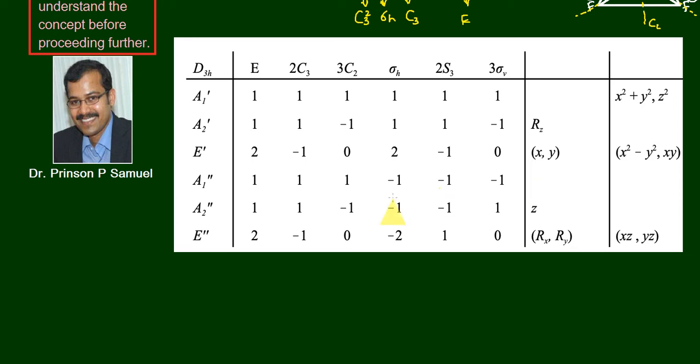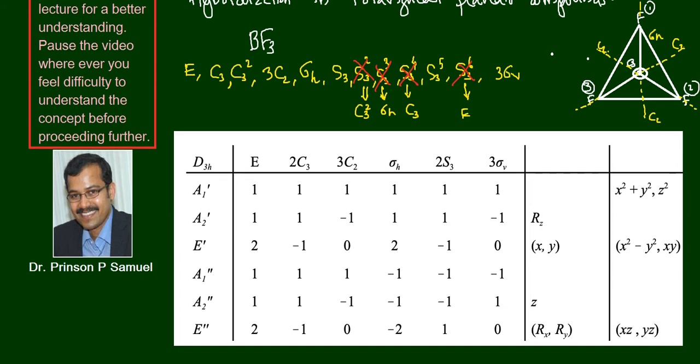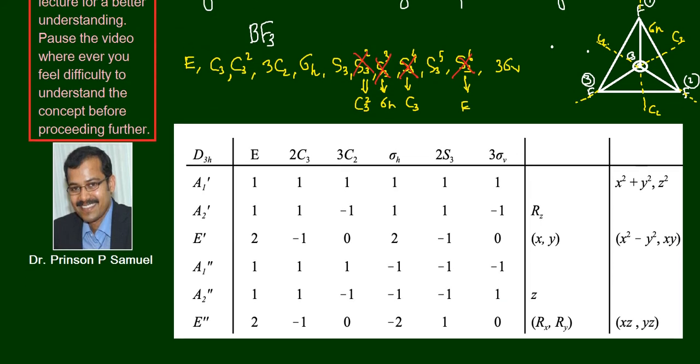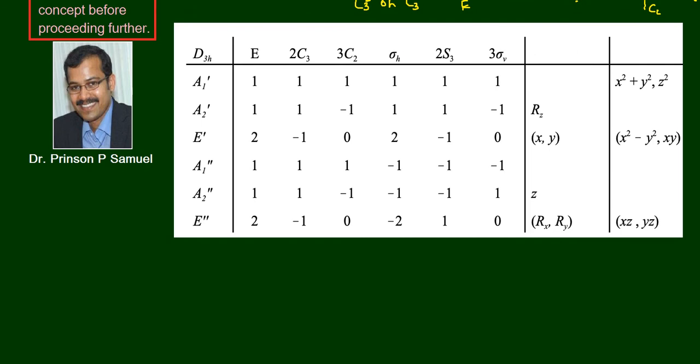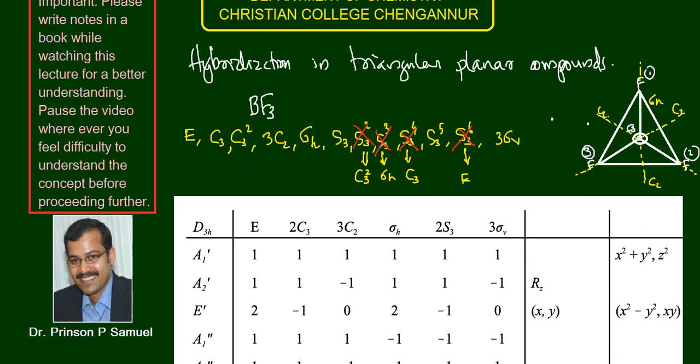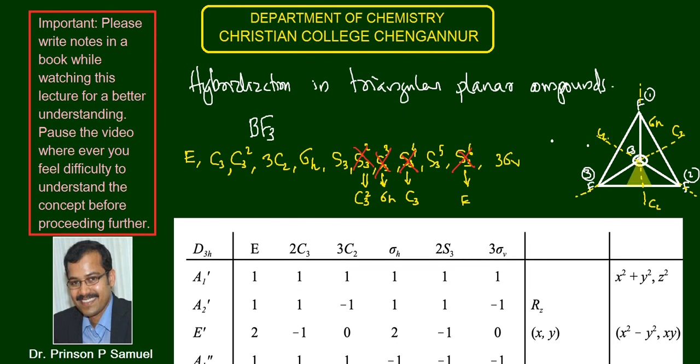So I am going to write three vectors corresponding to three bonds present in this type of triangular planar molecule. Let me take this picture down so that we can visualize it fast.